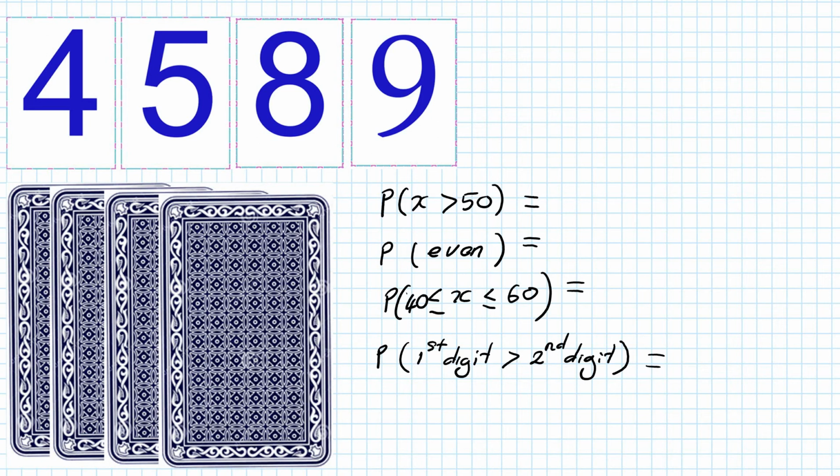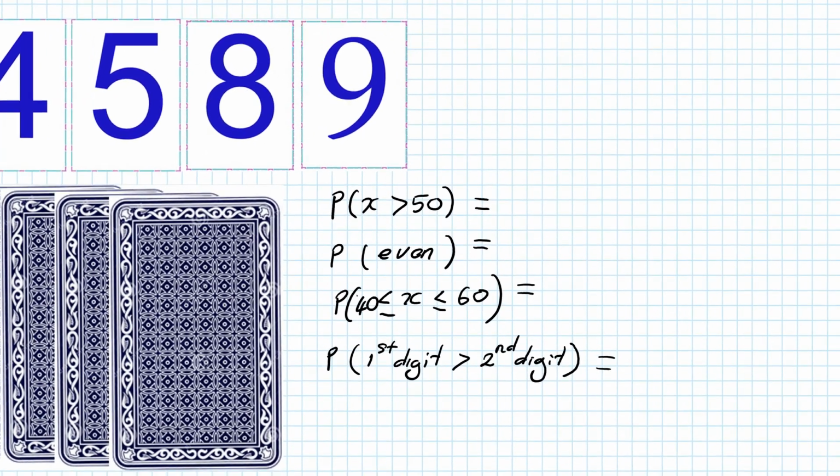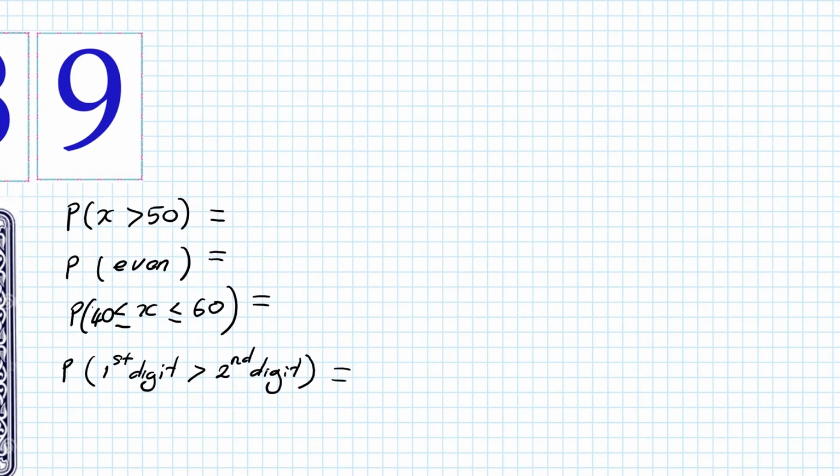Now, the way to go about this is I draw a tree diagram. So I just move this across first: 4, 5, 8, 9. In other words, when I select the first digit, I either get a 4, or a 5, or an 8, or a 9. Now, if I select a 4 already, the numbers that still remain face down are 5, 8, or 9.